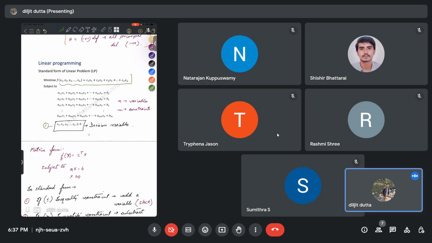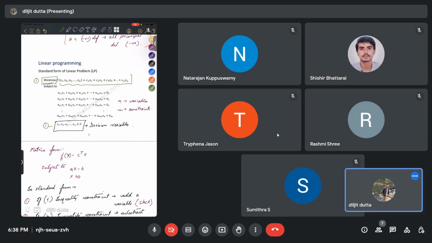The second thing is that we define an objective function, and in a standard problem we define it as a minimization problem. We don't define it as a maximization problem. If we have a maximization problem, we convert it to a minimization problem by multiplying the objective function with a negative sign.